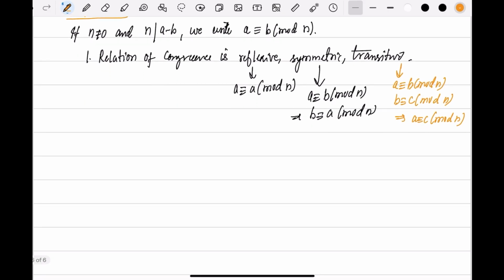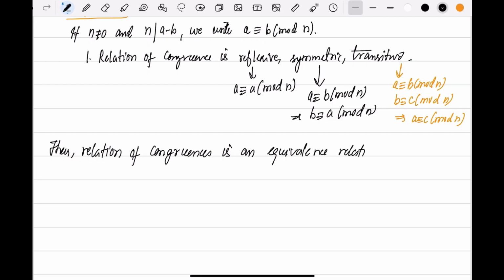So the relation of congruence, a congruent to b mod n, is reflexive, symmetric, and transitive. And we know a relation that is reflexive, symmetric, and transitive is called an equivalence relation. Thus, the relation of congruences is an equivalence relation. Now, every equivalence relation partitions the set.